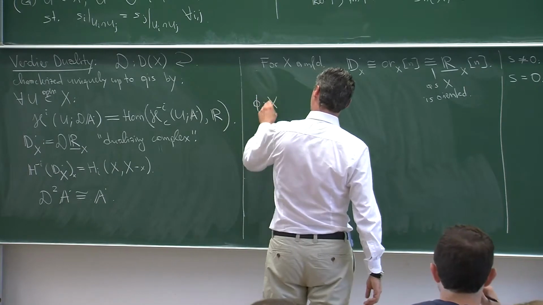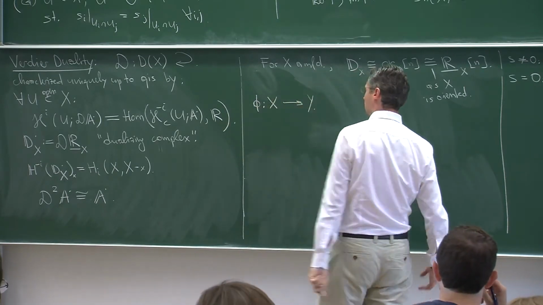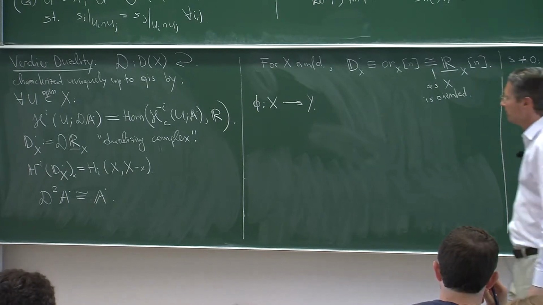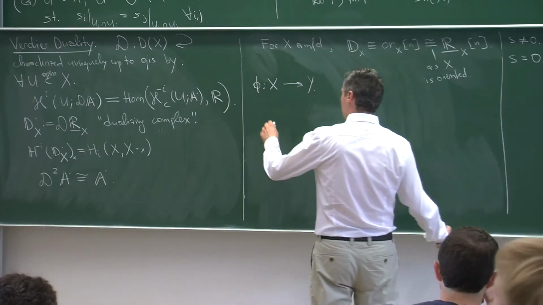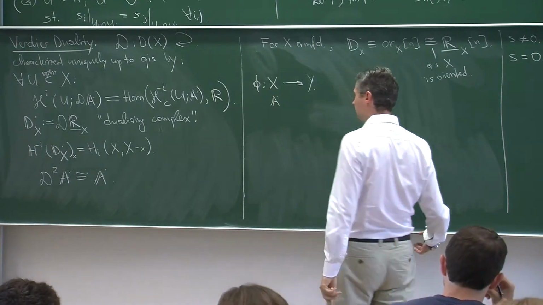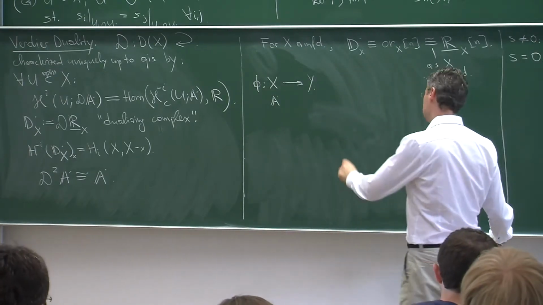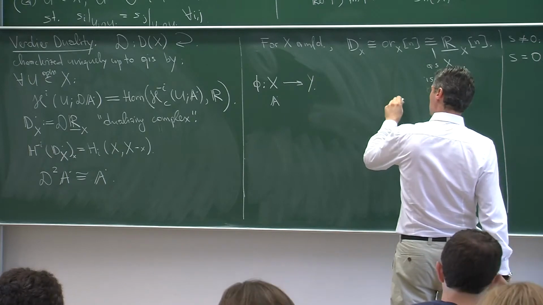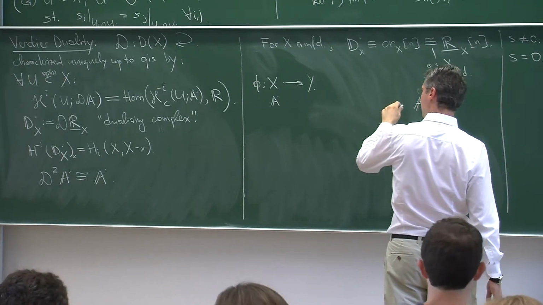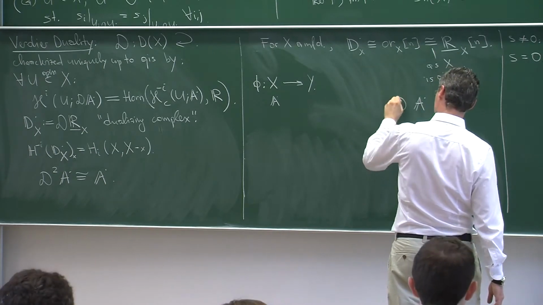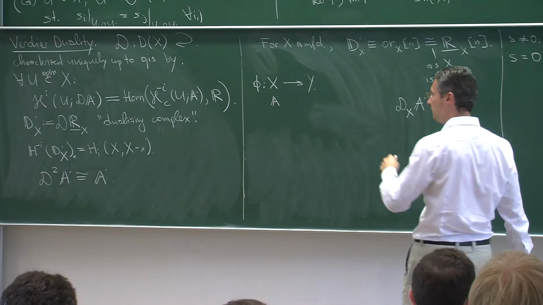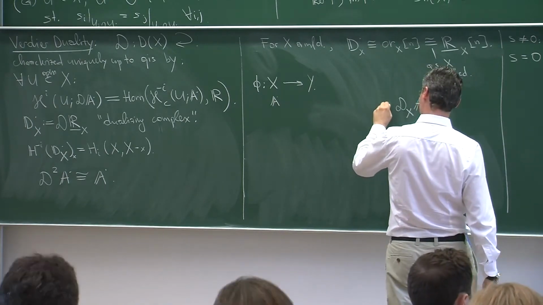Now let's take again a continuous map phi from X to Y, and suppose that A is an object in the derived category on X. Then you can first dualize A on X. After having dualized it, you push it forward.